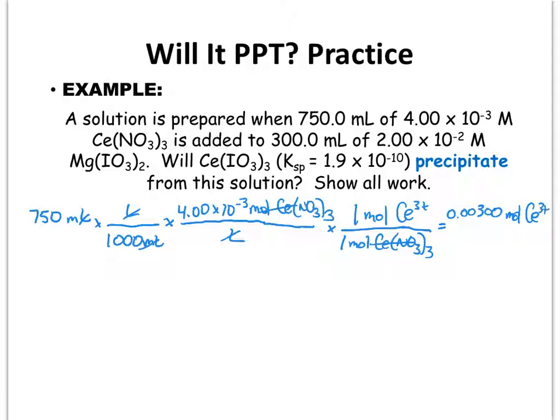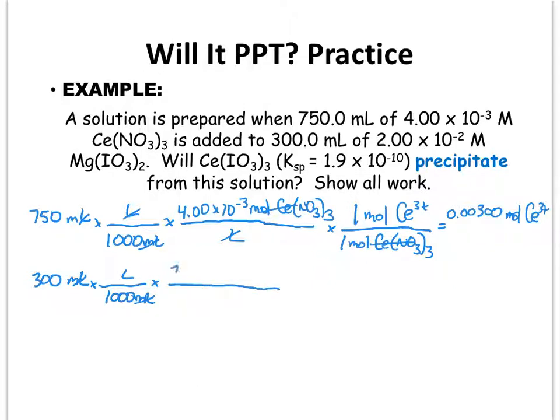Well, now I need to do the same thing here, but now for the other ion I care about, the IO3-. I know that there's 300 milliliters of that substance. Again, there's 1,000 milliliters for every liter. This will allow me to get to liters so I can use my concentration.